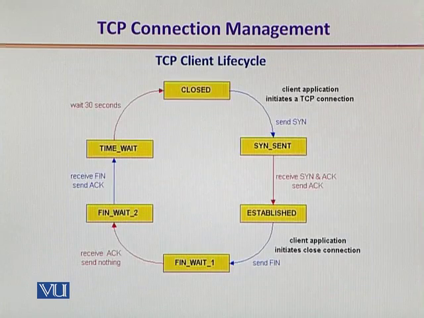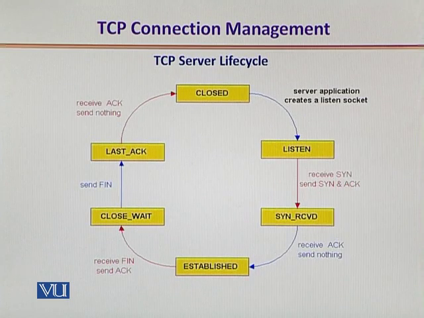This is how the TCP client behaves when, from the closed state, it enters into the established state, first going through the half open, then full open, and then half close and full close. This is the TCP server lifecycle. Again, the total number of messages that it takes to take TCP through different transition states is also mentioned here.